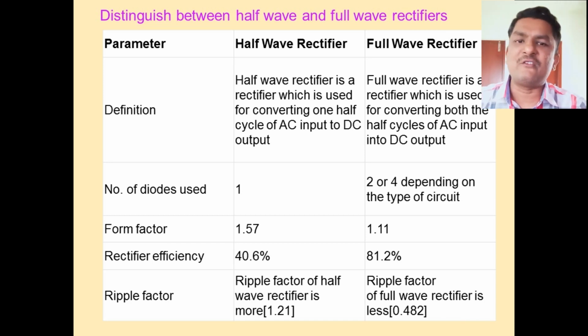For half wave rectifier, the ripple factor is 1.21, and for full wave rectifier, the ripple factor is 0.482. What the ripple factor and form factor are, we discuss in detail in the AC circuits chapter.